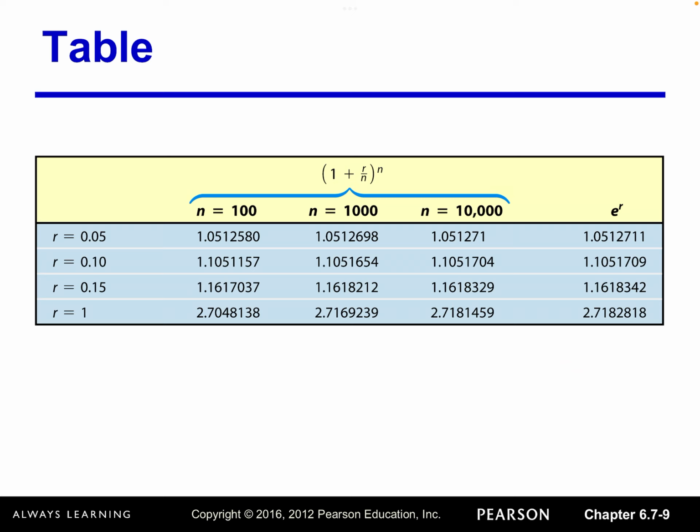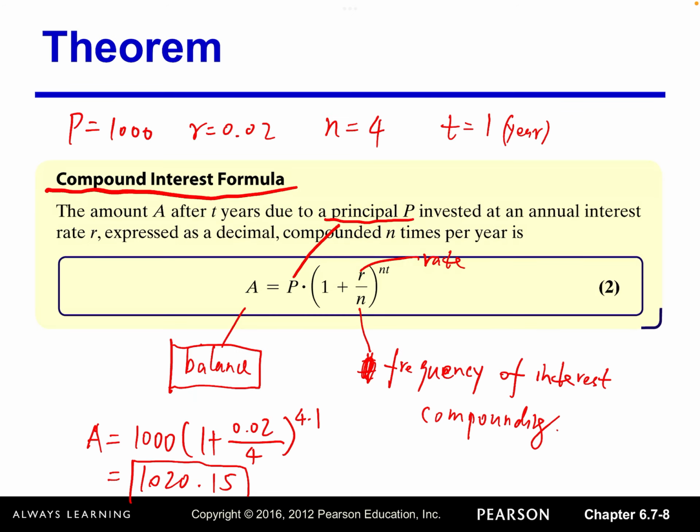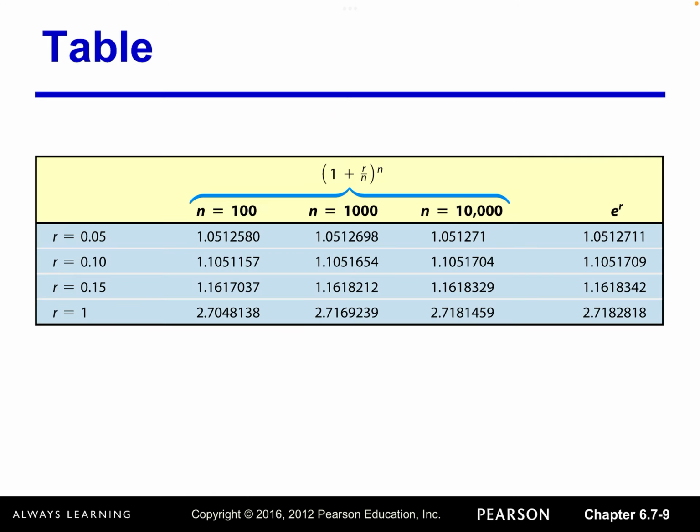Now if we look at the compound interest formula, A equals P times 1 plus R over N, raised to the N times T power, and we only look at the part 1 plus R over N in parentheses raised to the N power.